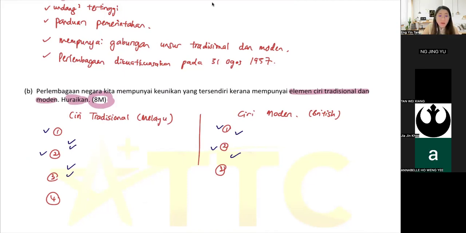Understand? Correct. So you know how to write the answer, right? I mean, you know how to elaborate, right? So I'm gonna write the points for you, but I'm not gonna write the huraian. So you do the huraian. Is it okay? So guys, revision again. Malay people, ciri traditional. I told you, ciri traditional, everything focus on Melayu. So we talk about what?